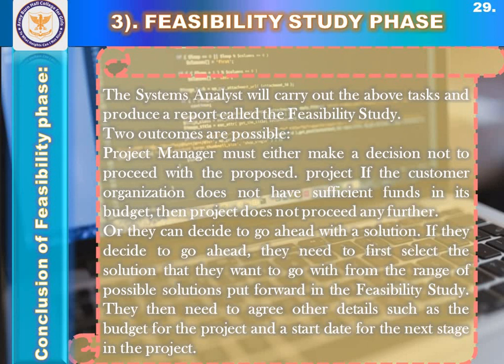This written report will be presented to the upper management of the software development organization, and the system analyst or other team members may also give a presentation of their findings relevant to the feasibility study report.